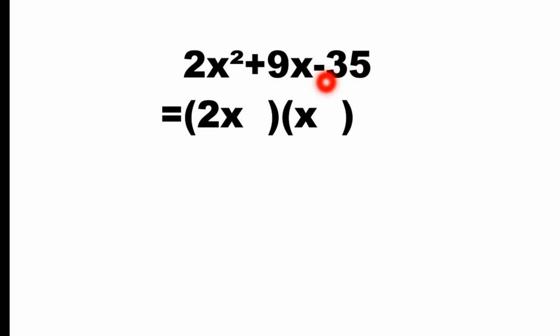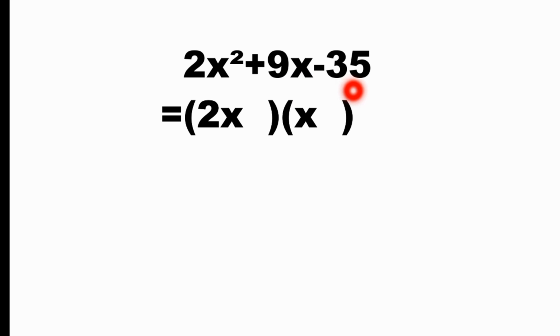Since the last term is negative, we have a negative times a positive. Since 35 is not a prime number and the middle term is positive, we have to look for factors that will give the sum of 9x.